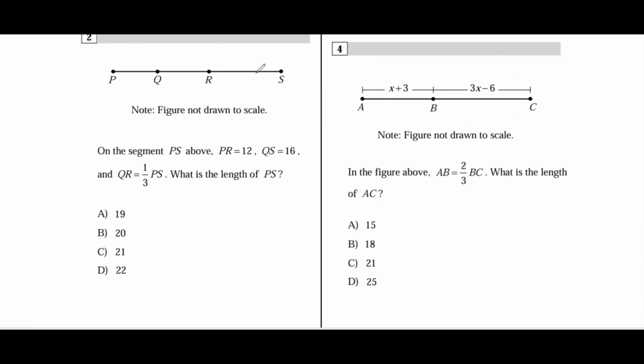Then what is your unknown value? Is it 1 over 3 PS? No, you have to find the length of PS. So you have to find this whole length, Nesma.